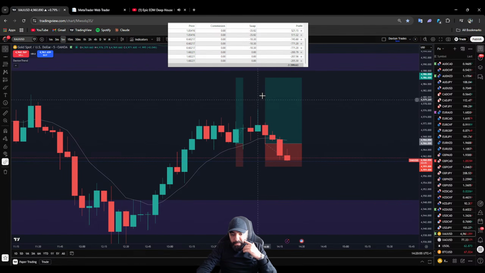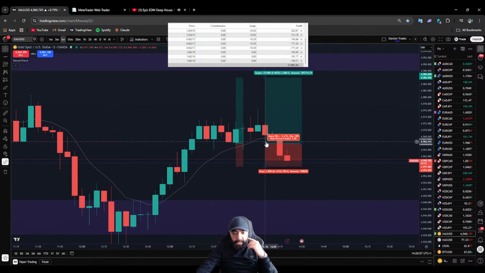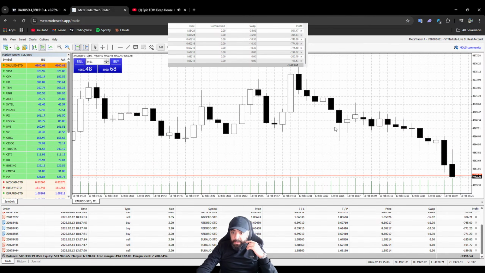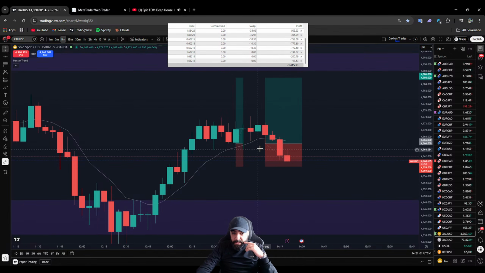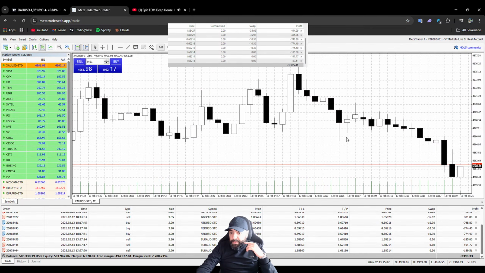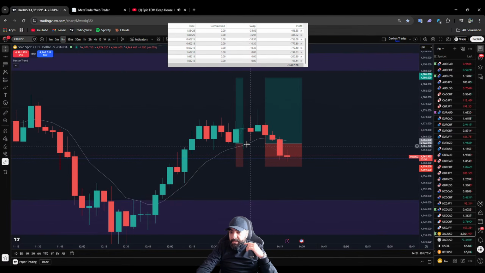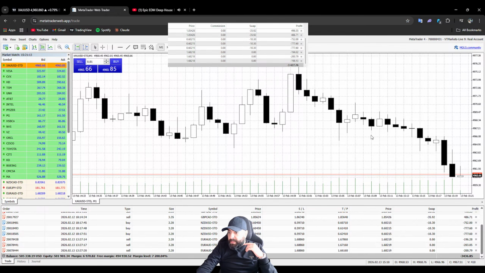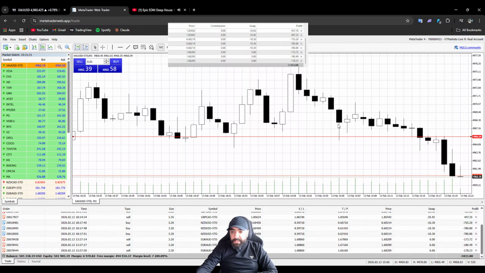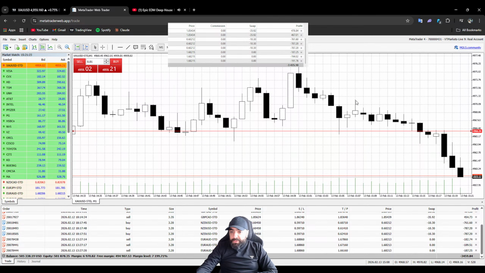Because I've entered right here, the position is gone. I've entered right here, we missed the TP1 by, let me see, I've entered at 66 here, exactly here. My TP1 was at 71.